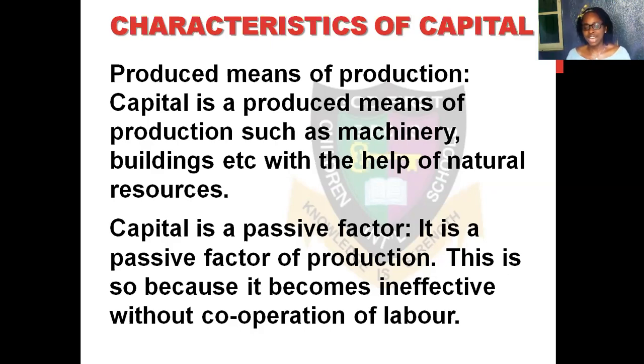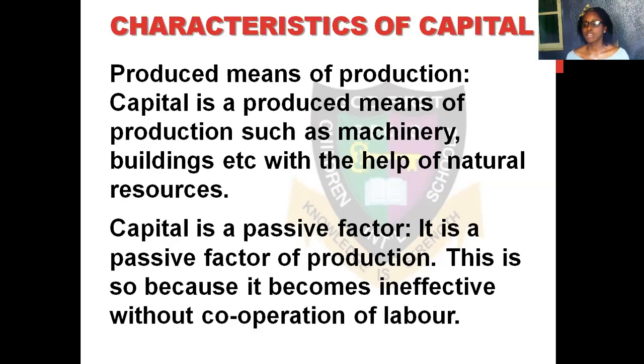Capital can be seen as building materials, means of actualizing a production, means of making work or production fruitful. We go again. Capital is a produced means of production, such as machinery, buildings, building materials, etc., with the help of what?